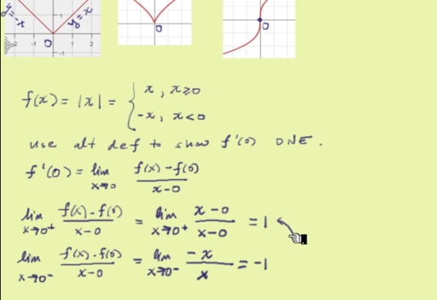And these are not equal. So the limit from the left is not equal to the limit from the right. And that tells us that the limit doesn't exist, or f prime of 0 does not exist. So that's how we would prove that in a rigorous way.